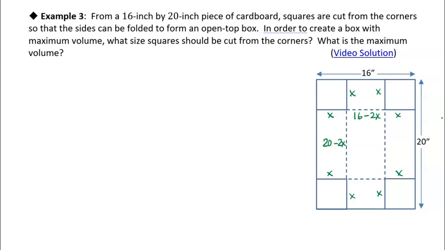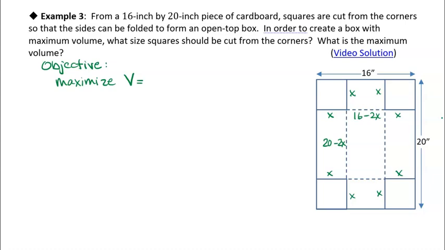Okay, so here's our objective: we want to maximize the volume. We'll call the function V, and we're just going to take length times width times height.